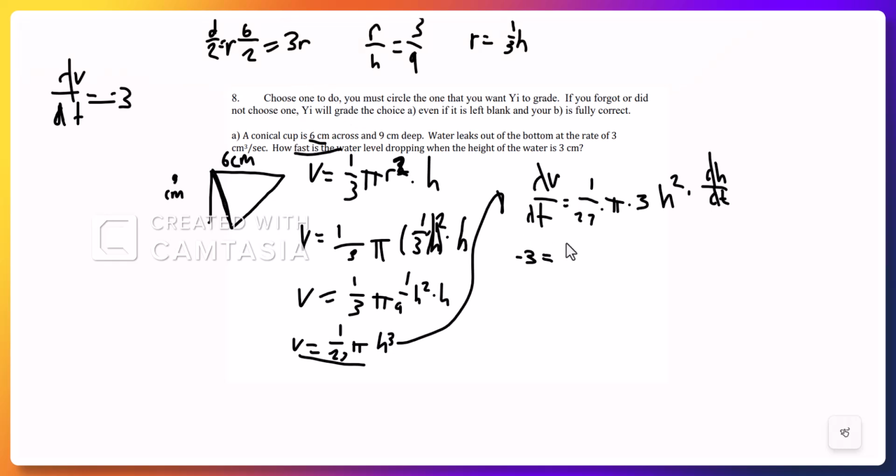So now we plug in 1 over 27 times pi times 3, parentheses 3 squared, because h is 3 centimeters when the height of the water is 3 centimeters, times dh over dt.